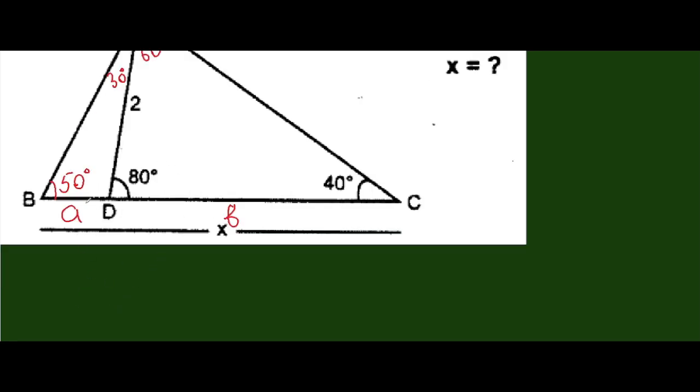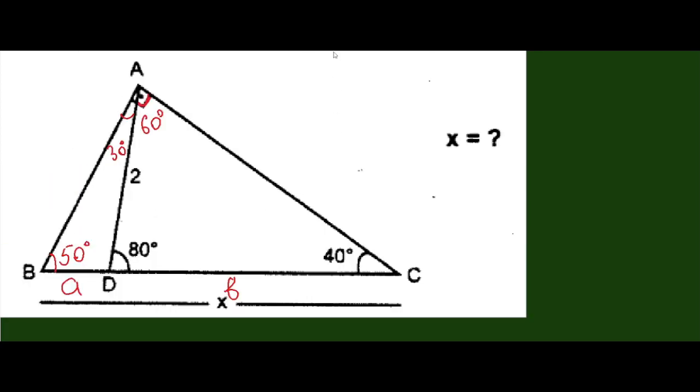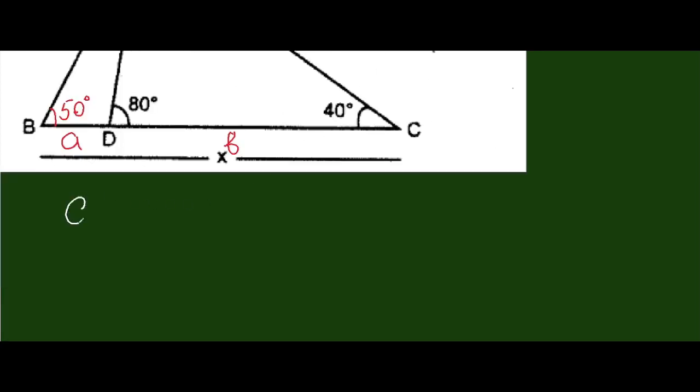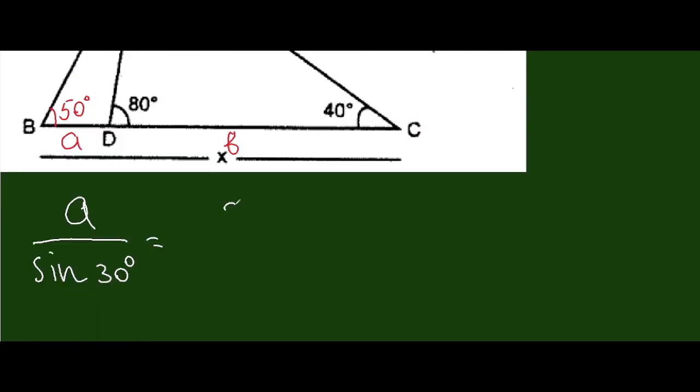So we know from the formula, from the triangle ABD, that A over sine 30 degrees will be equal to 2 over sine 50 degrees.